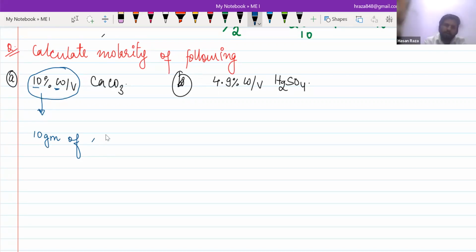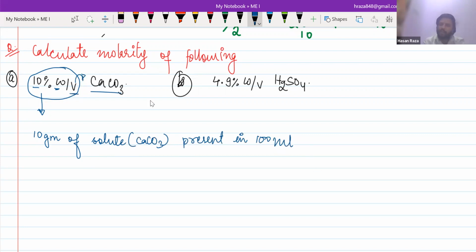So 10 gram of solute, and here solute is CaCO3. So I'm gonna put it here in a bracket. 10 gram of solute present in, since this is your percent, so 100, and in the numerator, you can see this is your volume, so it will be ml, and the denominator is for solution. So 100 ml of solution.